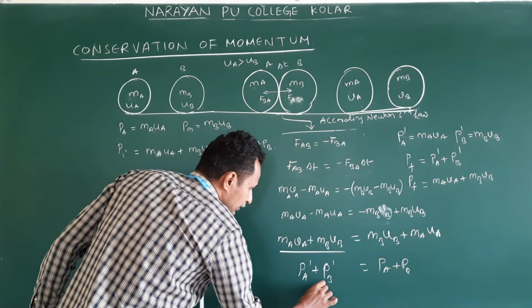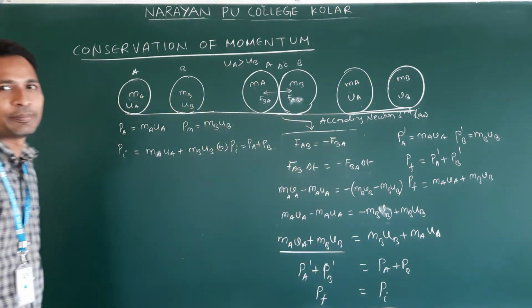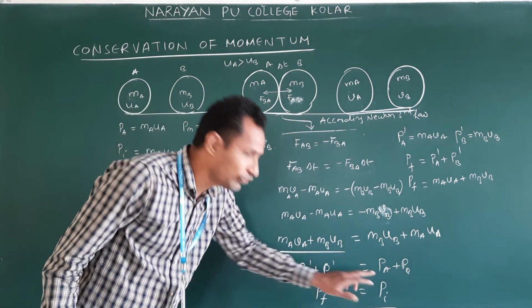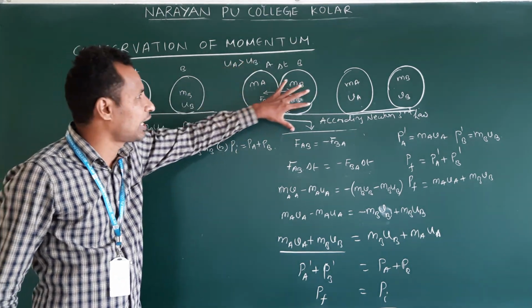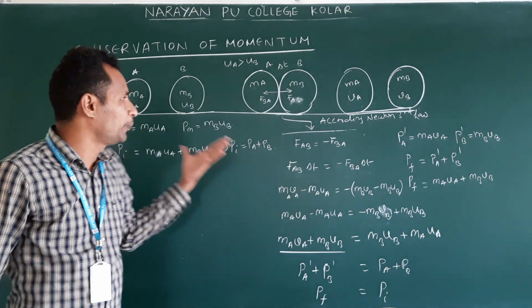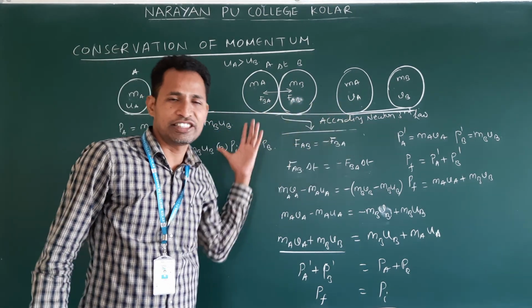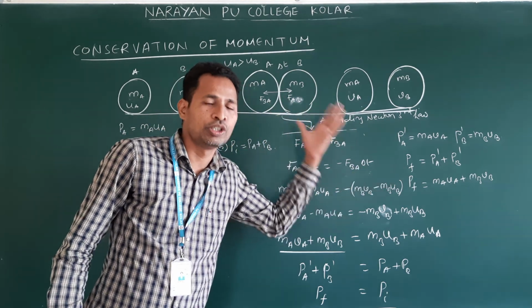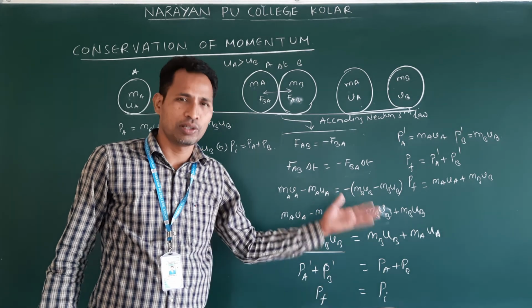What is this? This is P final. This is P initial. What does it mean? Initial momentum is equal to final momentum. Is momentum changed in this process of the system? Not changed, before and after. Momentum is constant. This is called the law of conservation of momentum.